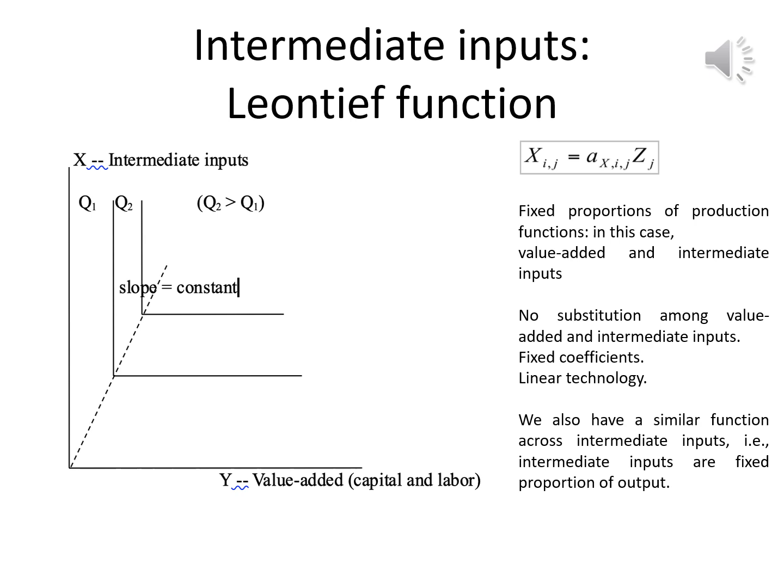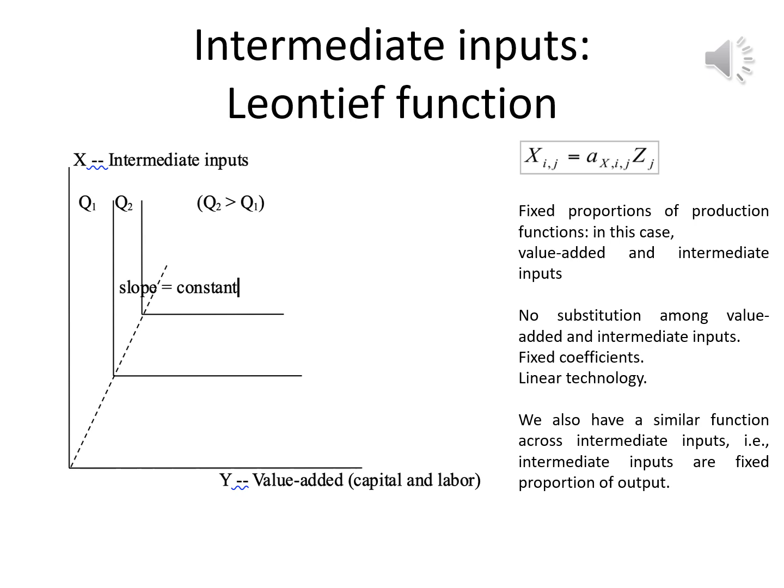So basically, these intermediate inputs and value added are combined in constant shares of production. That means, for example, 2 units of value added and 1 unit of intermediate inputs, so the slope is constant.